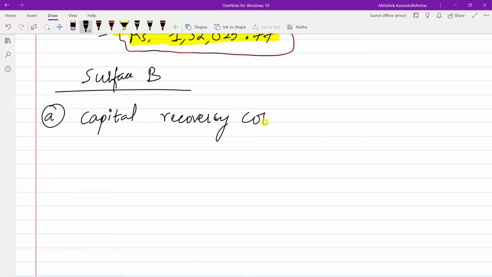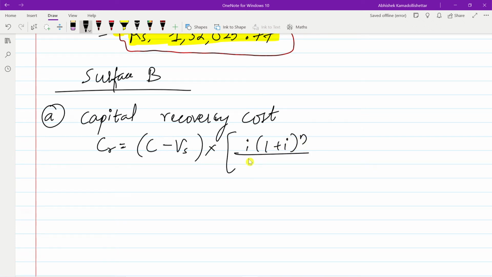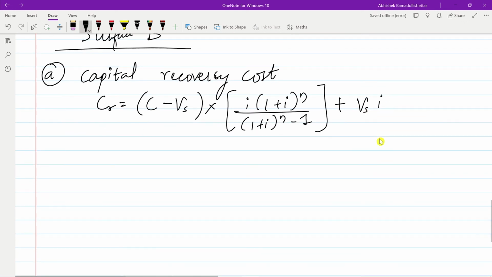Capital recovery cost. The formula is CR equals (C minus Vs) into I into (1 plus I) raised to n divided by (1 plus I) raised to n minus 1, plus Vs into I. So let's write down all the data that is available to us.